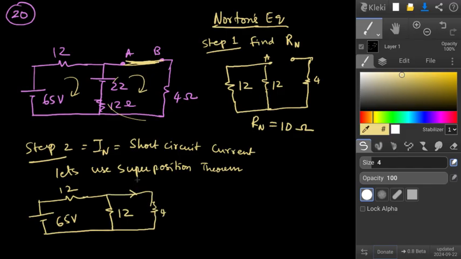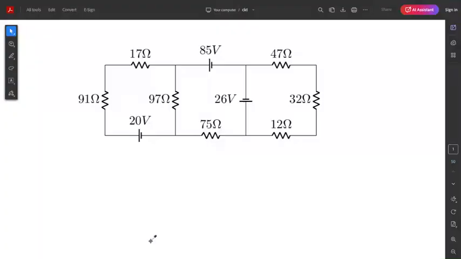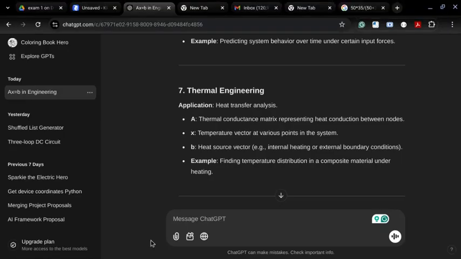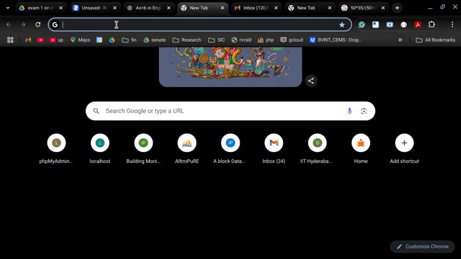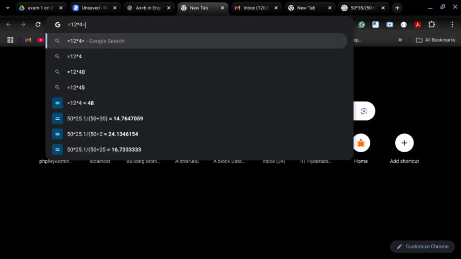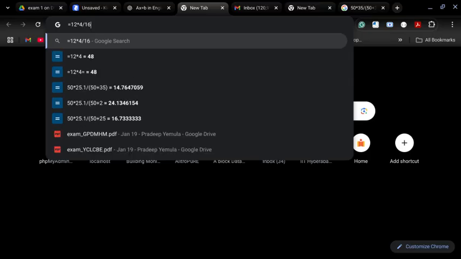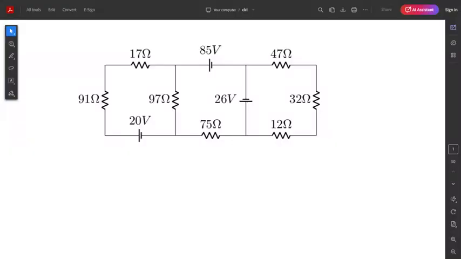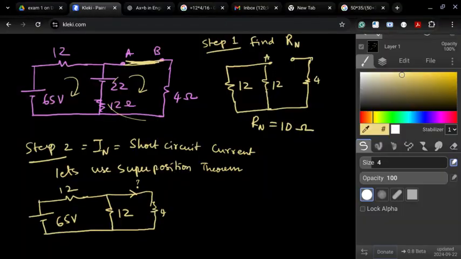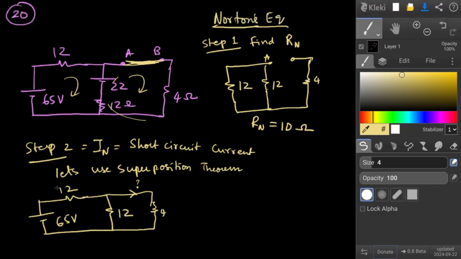The question is, what is this current? 12 parallel 4, I need to calculate. 12 into 4 divided by 16, so this is 3 ohms resistance. So this side is 3. 3 plus 12 is 15. So R total is 15.